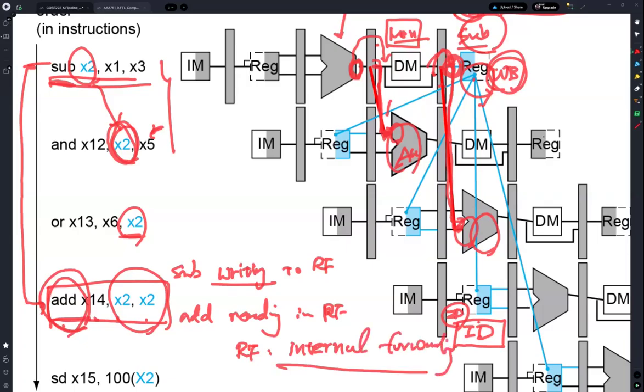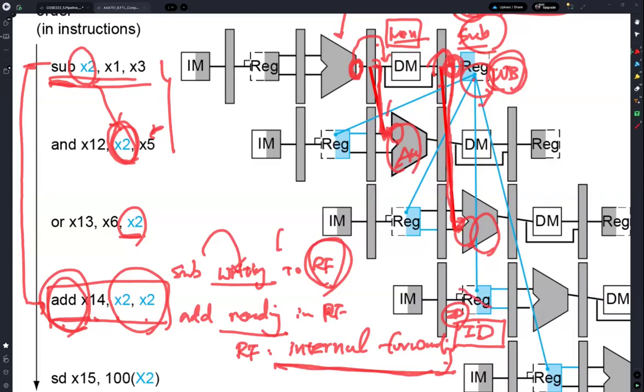Internal forwarding means that when the data is being written to the register file, and at the same time the same data is being read from the register file, then if the register file supports internal forwarding, we can read this latest data, the data which is being written to the register file.